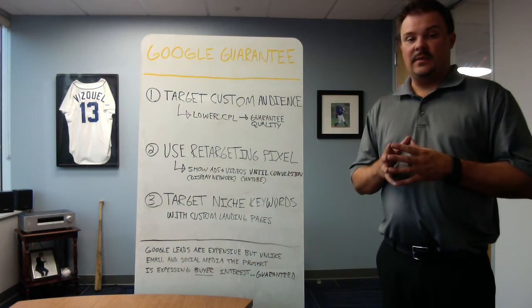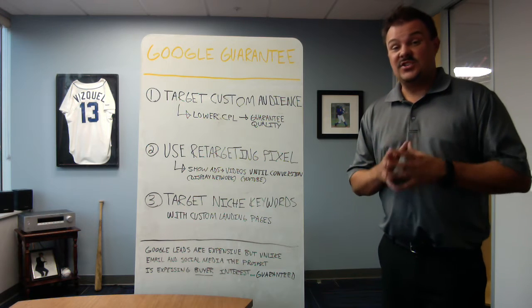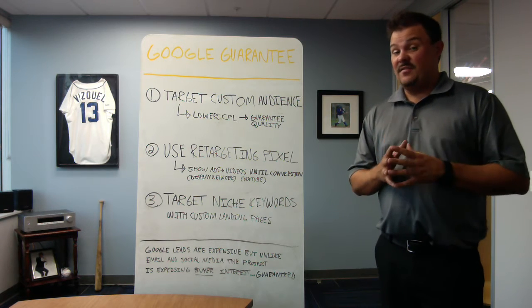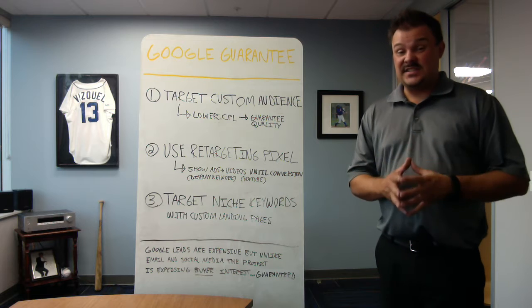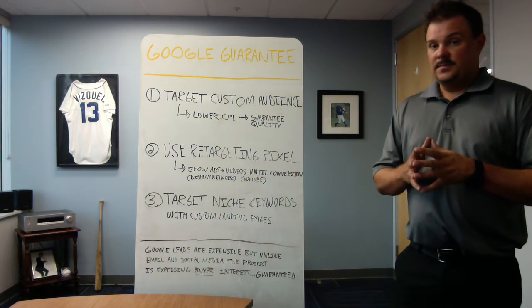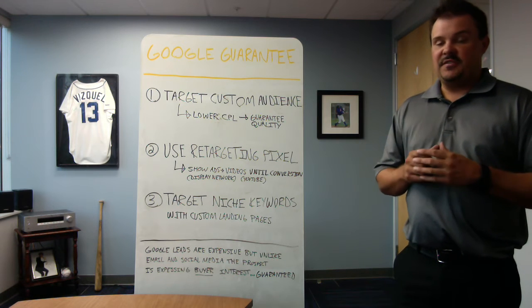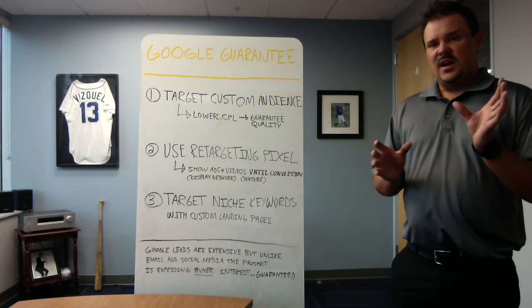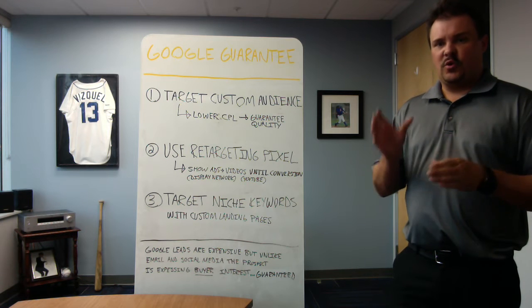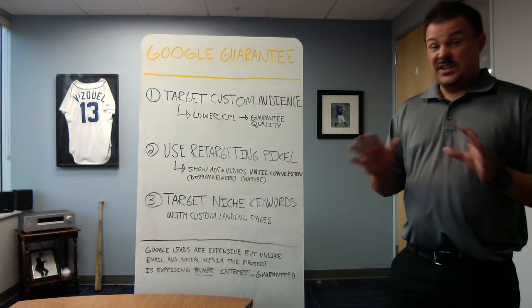All right, number three, and this might be obvious, but you want to target niche keywords. What might not be that obvious is that you want to use custom landing pages. This is key. In Google advertising, your landing page is everything. So a little small modification in where your form is, the type of video that's on your form, the picture, where your buttons are, makes a huge difference.